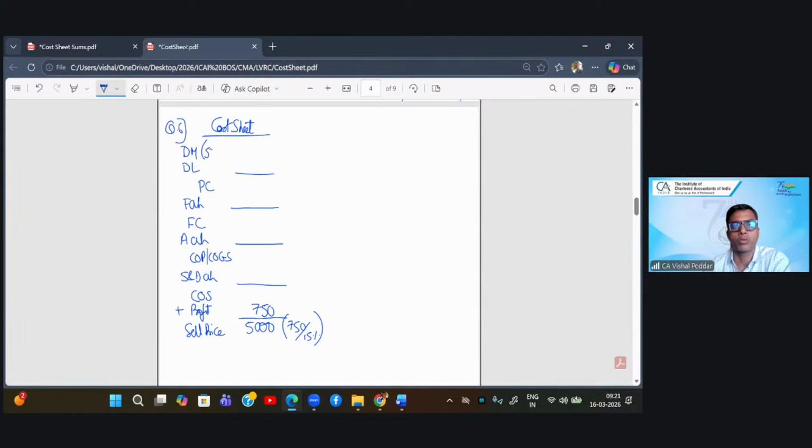So 5,000 into 12.5%, 5,000 into 17.5%. This will give me my first two values. Correct? So tell me how much is direct material at the rate of 12.5%.